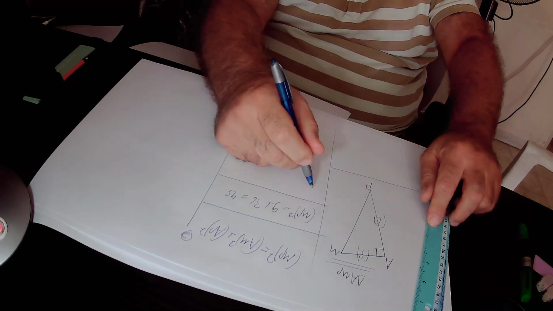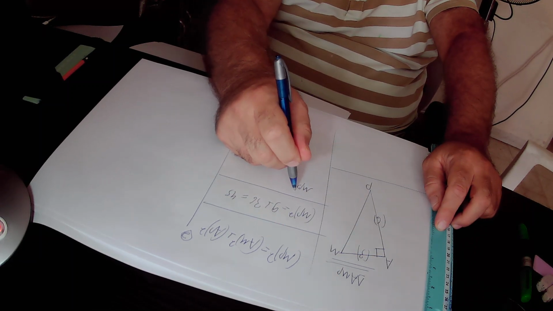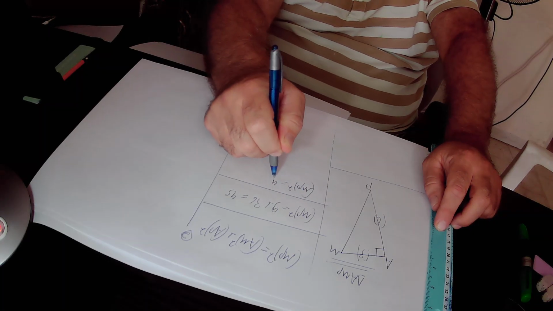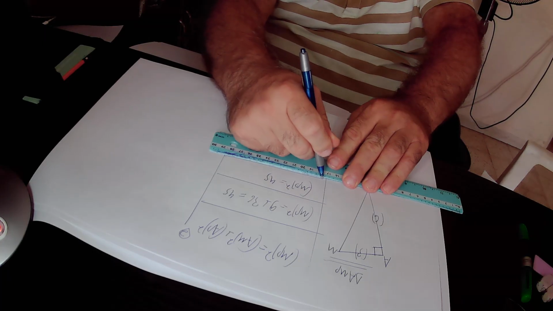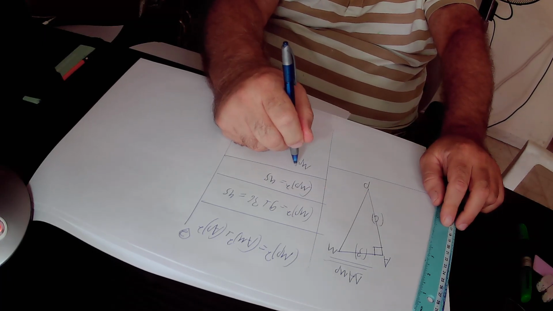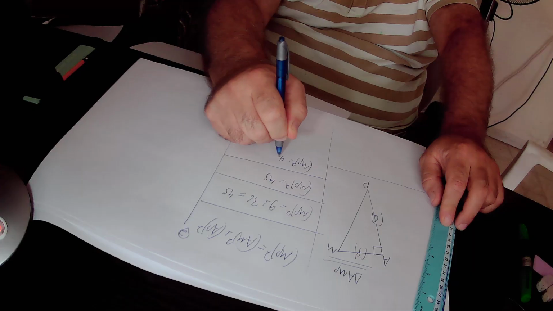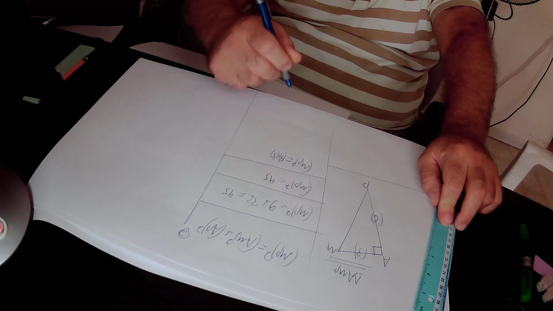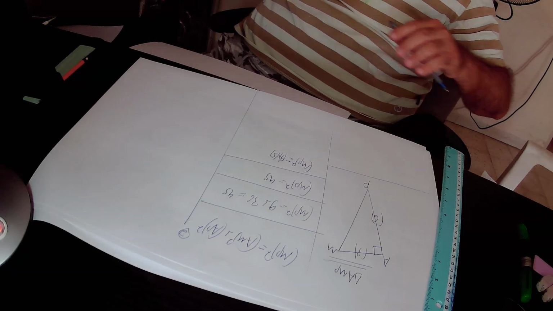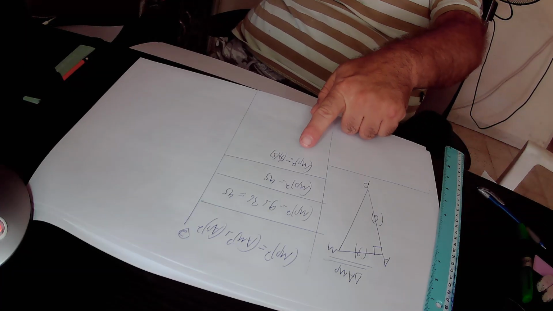So MP squared equals 45. Here we substitute 45 by 9 times 5 and get that MP squared equals 9 times 5. Here we take the square root of this equation.